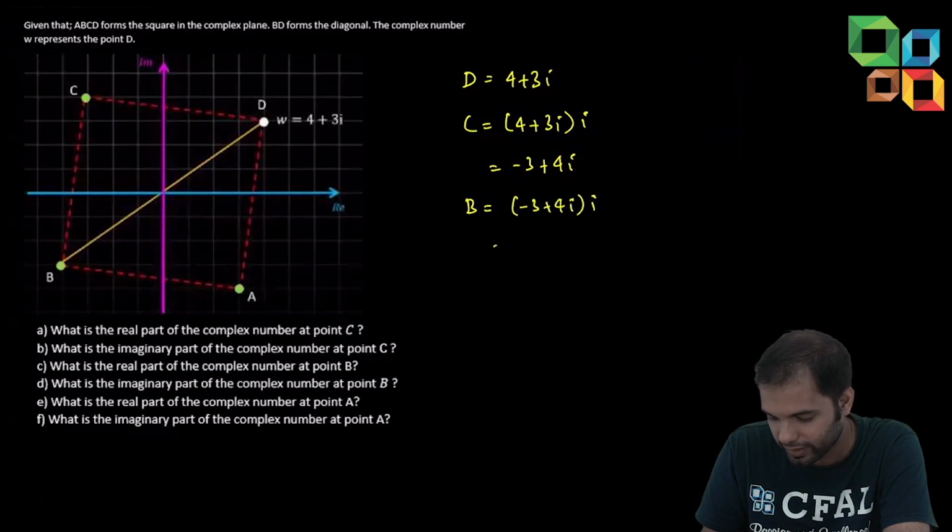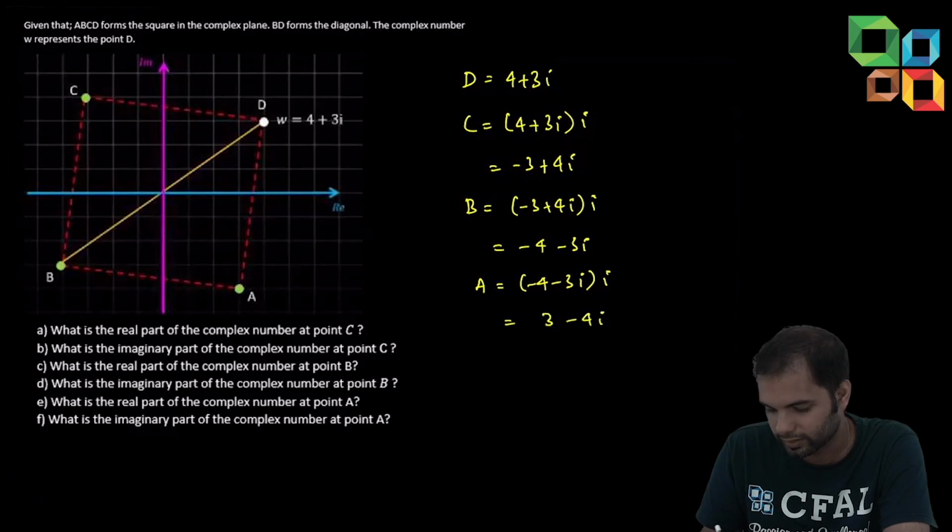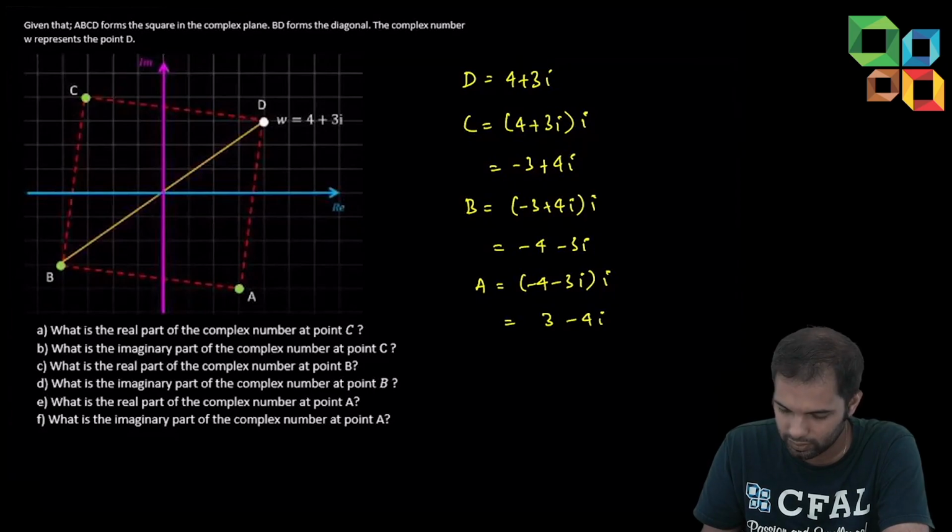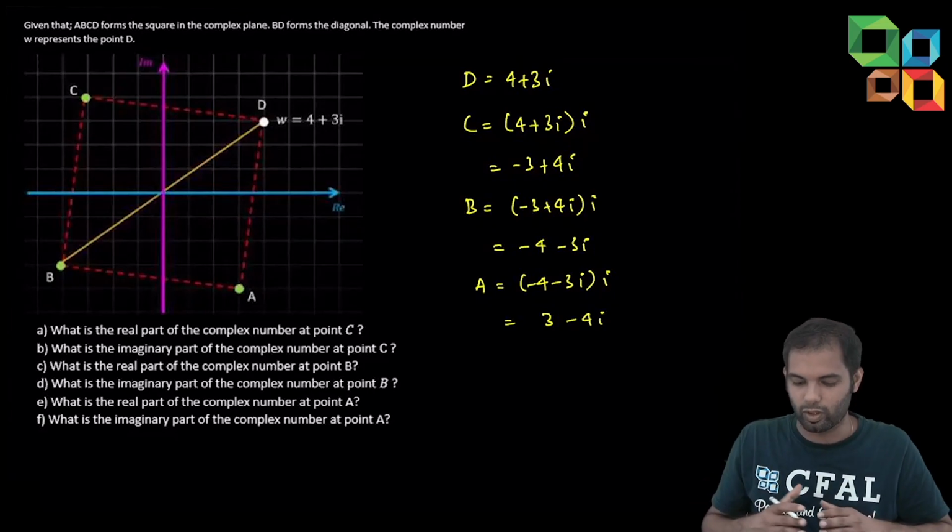Multiply this with i to rotate by 90 degrees. So that is minus 3i minus 4. A would be (minus 4 minus 3i) into i, or minus 4i plus 3. Okay. So this would be all of your 4 options.